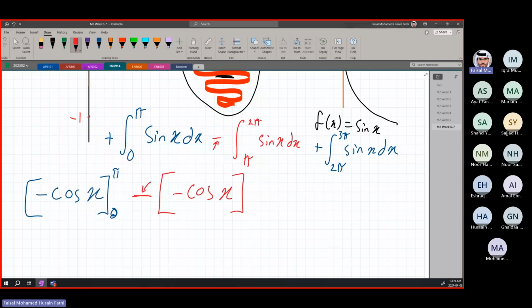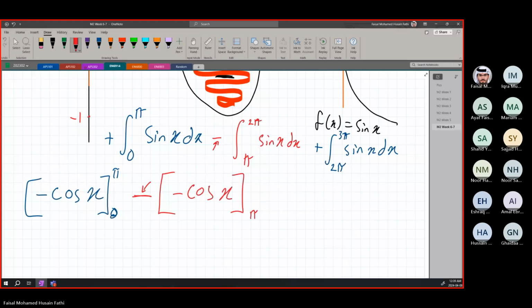This is that minus. The other minus is from the integration itself of sine x dx from pi to 2 pi, plus again minus cosine x from 2 pi to 3 pi.